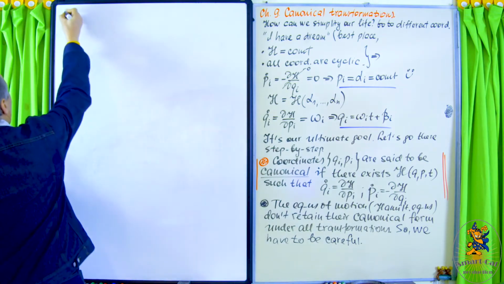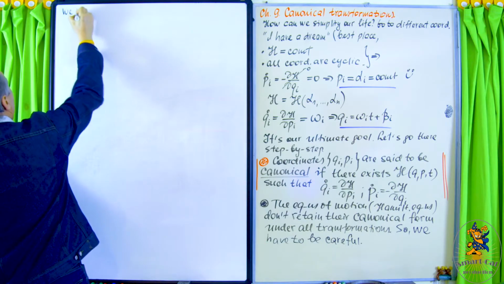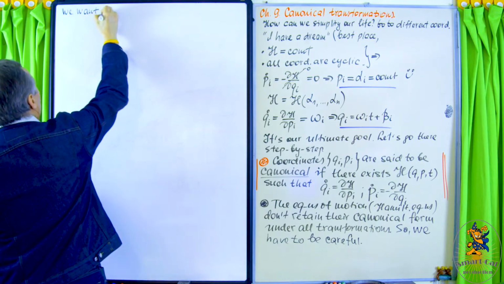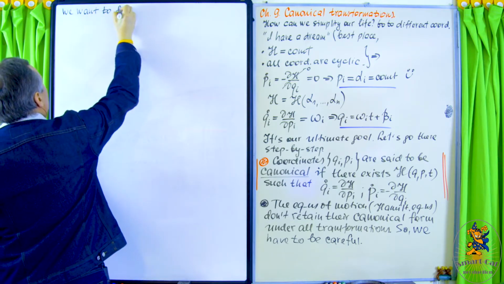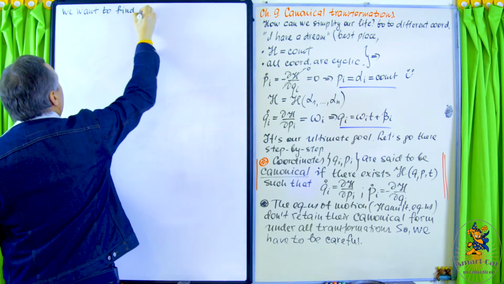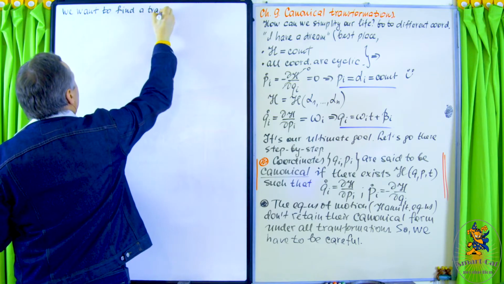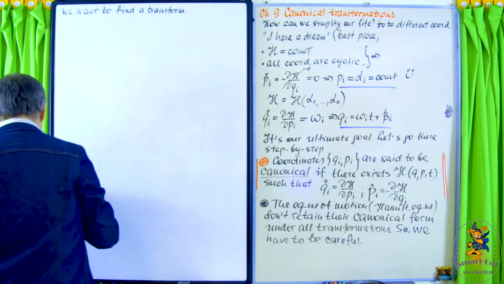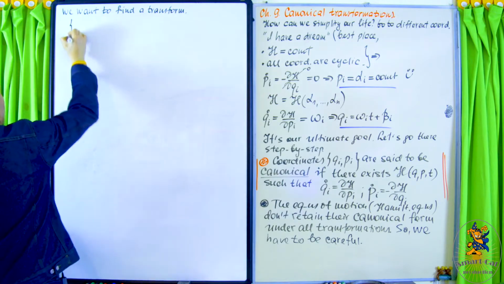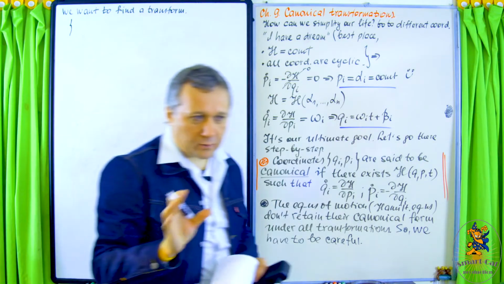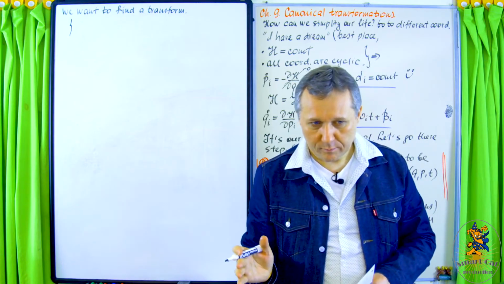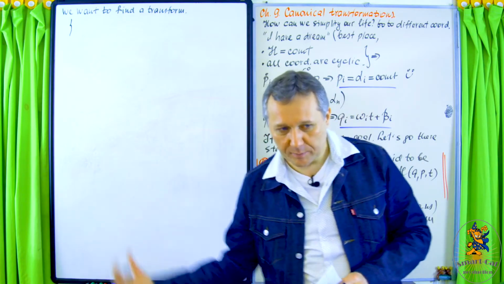Okay, so we want to find a transformation. For example, the old set of coordinates, we're going to denote all the time q small, p small. New set of coordinates, q capital, p capital, right?